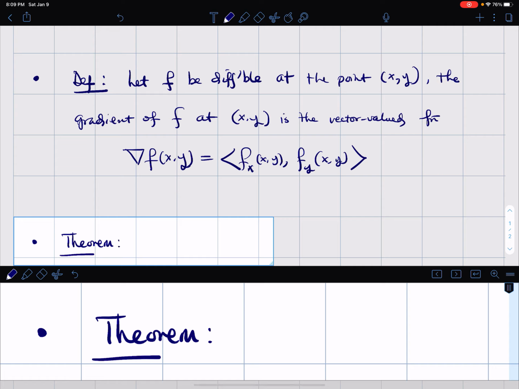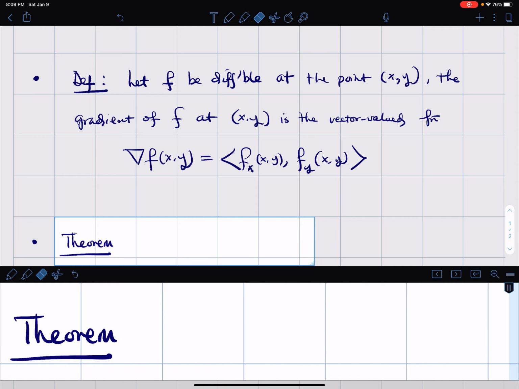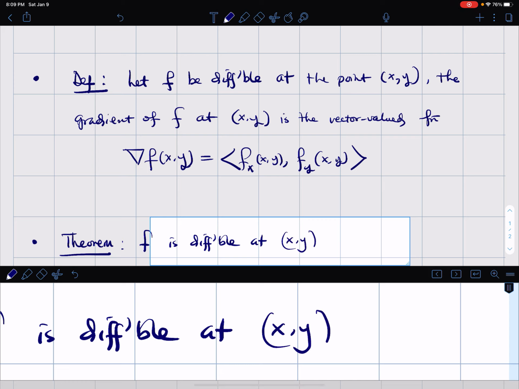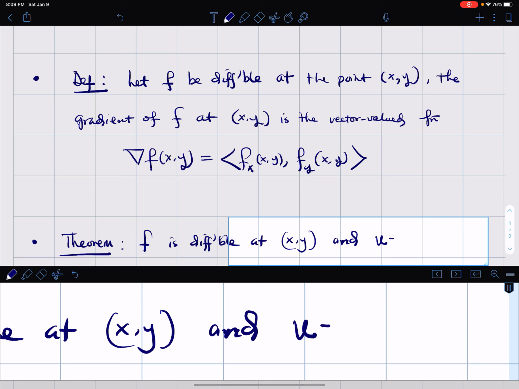The assumption is that f is differentiable at (x, y), and u = (u1, u2) is a unit vector in the xy plane.